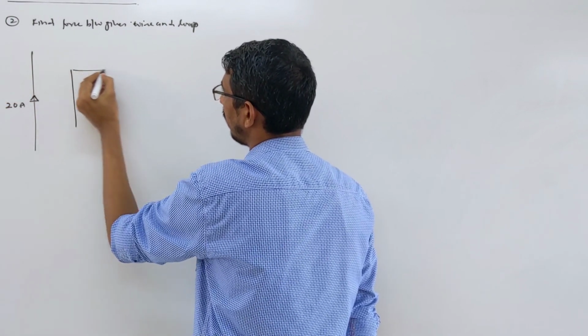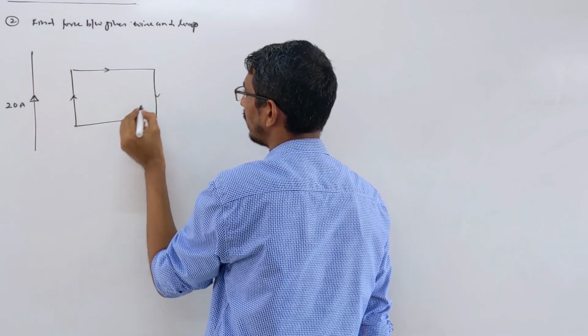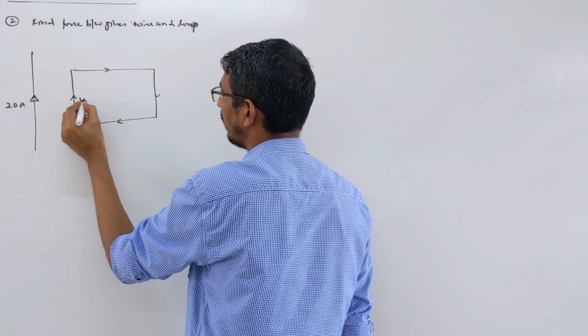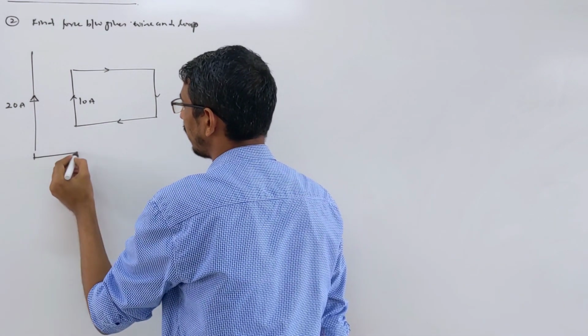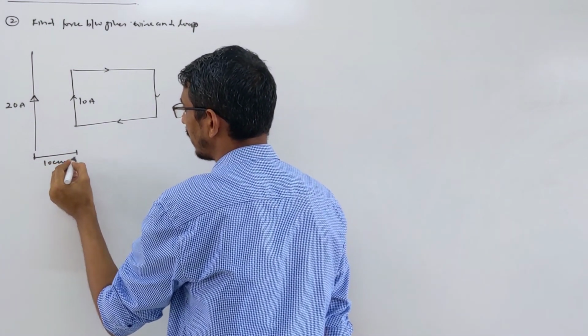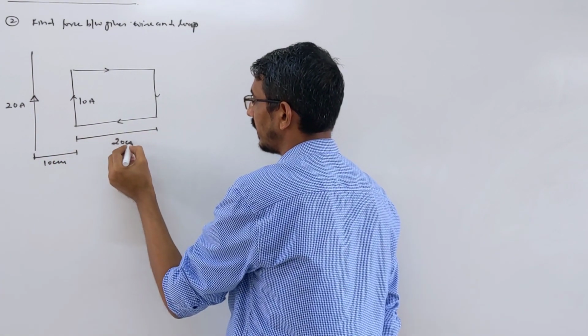Another rectangular loop was placed close to it, also carrying some current, let's say 10 ampere. The distance between them was given as 10 centimeter, and the side of this loop was given as, say, 20 centimeter.